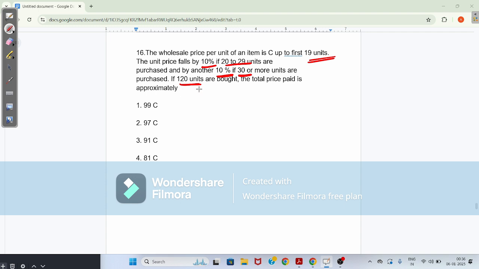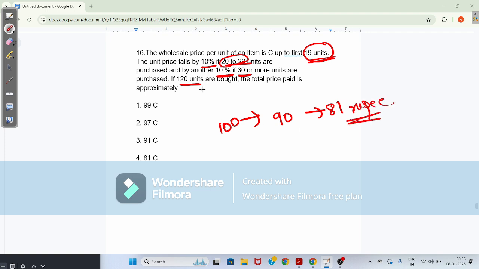Here 120 units are bought, and the 19 units are not purchased at this rate, and 20 to 29 units also not. So for 100%, the purchase is 90 units, that equals 81 rupees. 81 rupees it has been formed here.